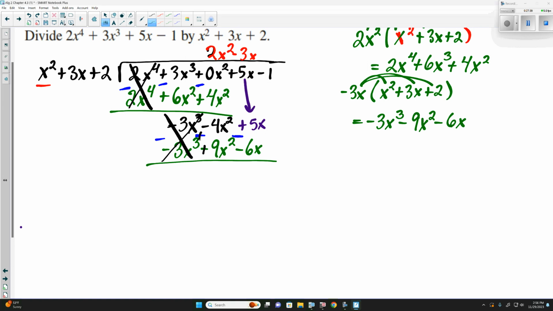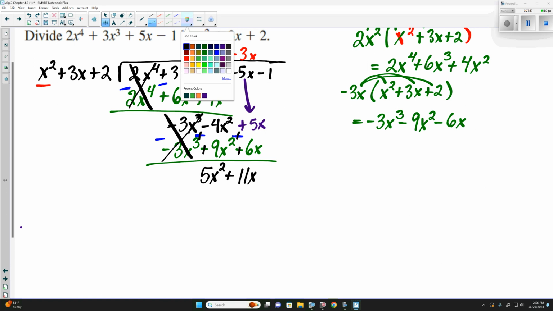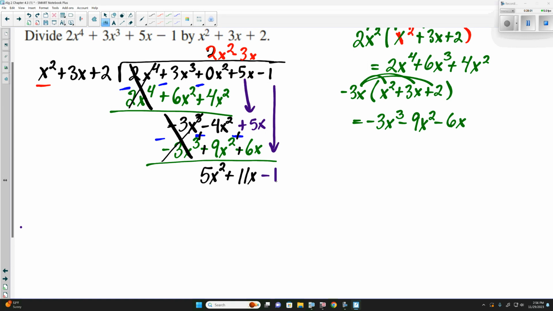So negative 4 plus 9 is 5x squared. 5x minus negative 6x. The negative and negative would make a plus. 5x plus 6x is 11x. And then we bring down the negative 1.